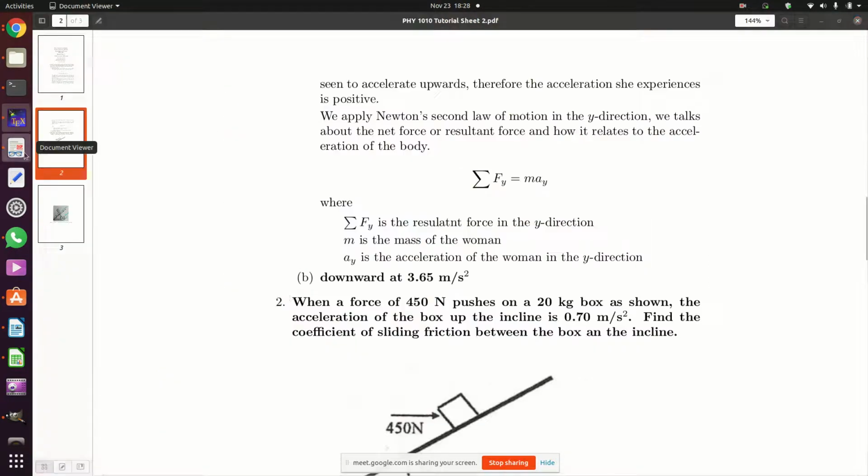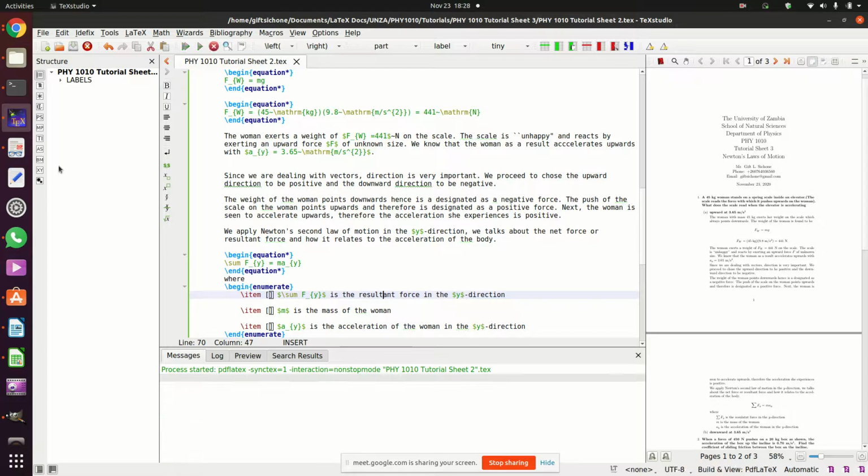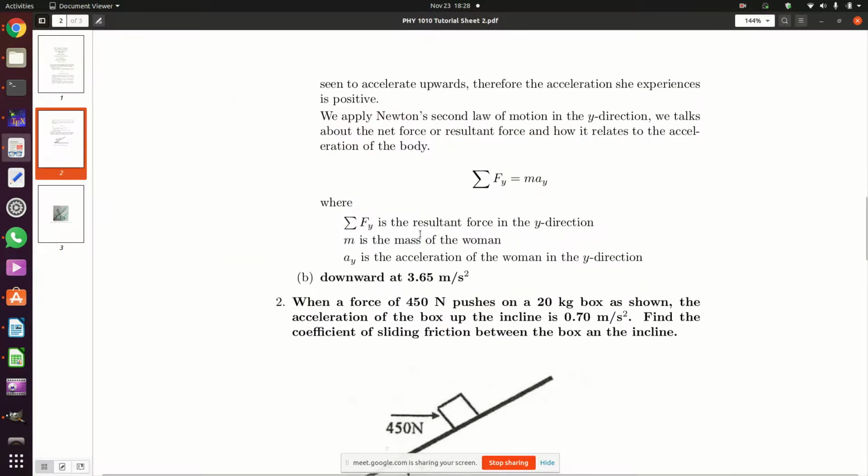So that's what these things are. This here, as I've explained, is the resultant force. Oh, the spelling is a bit fishy, not correct. Resultant. Okay, the resultant force in the y direction. The m is the mass of the woman, then the a_y is the acceleration of the woman in the y direction. Are we clear so far about Newton's second law of motion?